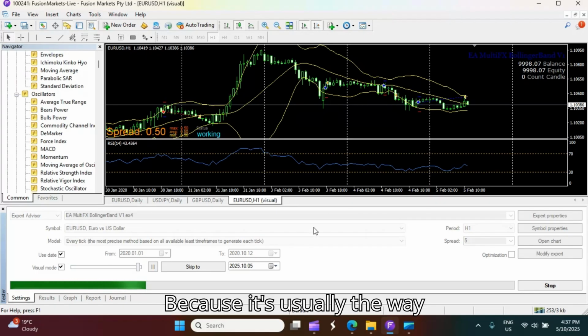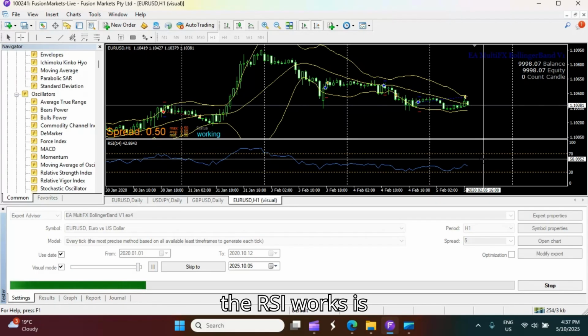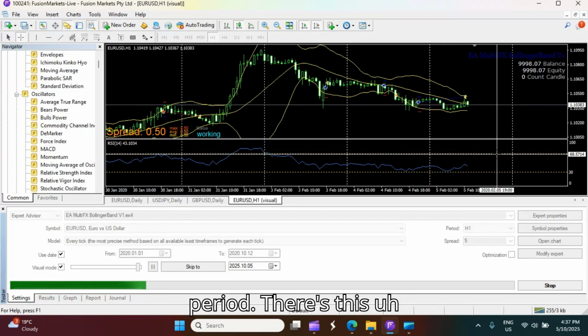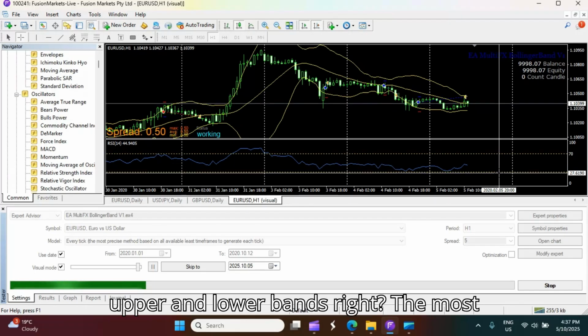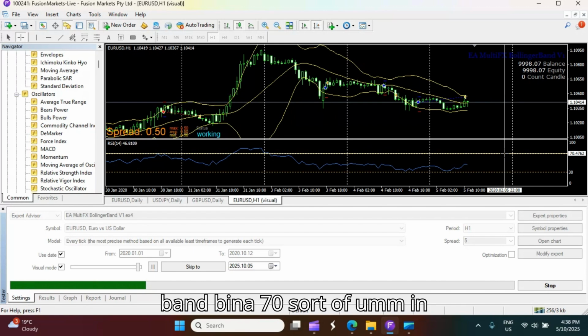Because the way the RSI usually works is that on a 14-day period, there are upper and lower bands. The most common ones are 30 and the upper band being 70 in value.